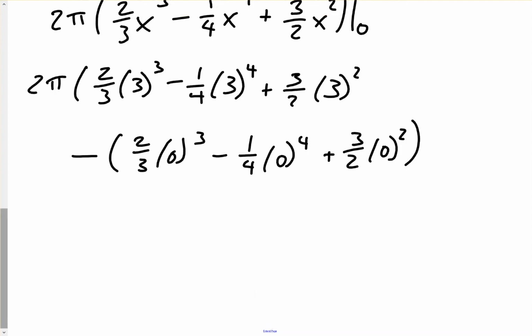Okay, well that second half, they're all zeros raised to powers, so that's all 0, so we don't have to worry about that. So now it's only the first part.